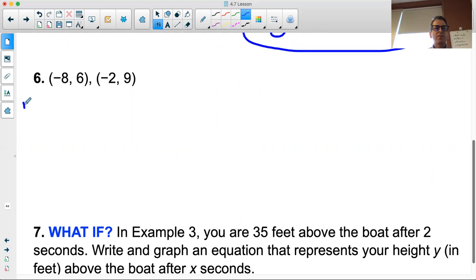Our first step is to find the slope: 9 minus 6 divided by negative 2 minus negative 8. So 9 minus 6 is 3, and negative 2 minus negative 8 is negative 2 plus 8, which is positive 6. So your slope is 1/2.